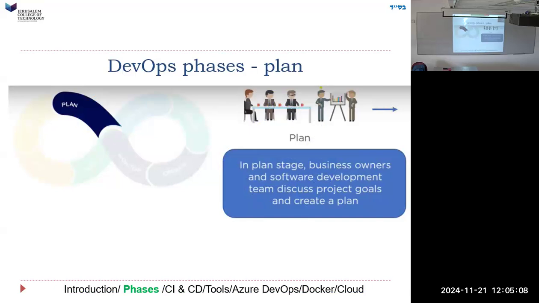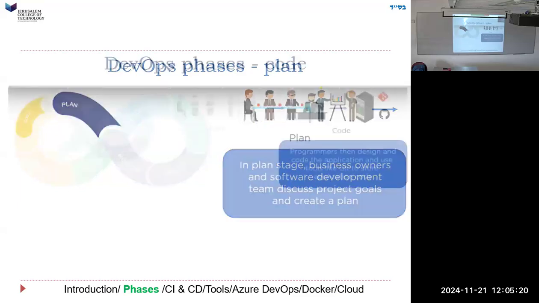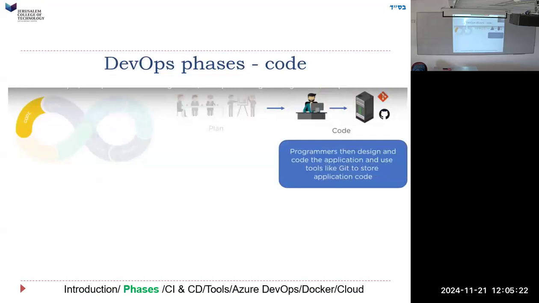DevOps phase plan. In the plan stage, business owners and the software development team discuss project goals and create a plan. That's the plan part. The DevOps phase is code.